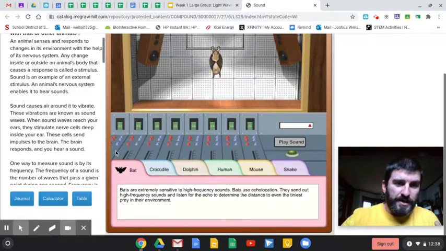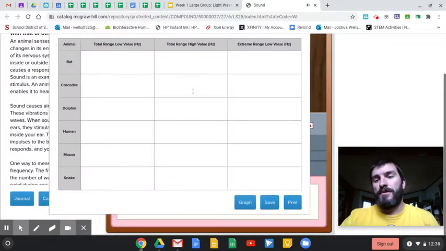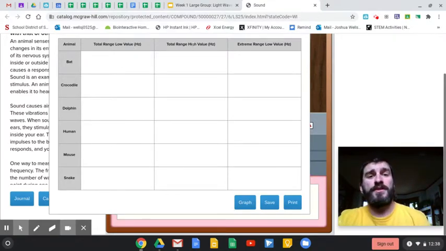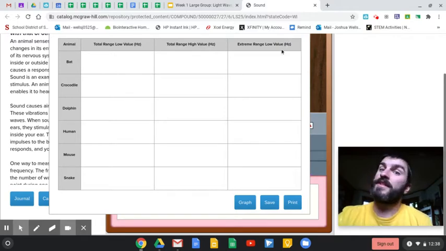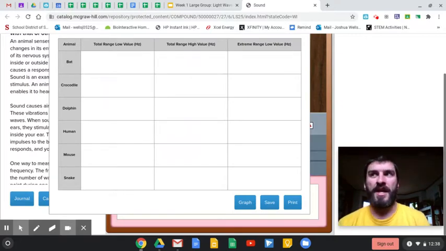There were 3 data points we needed to collect: the total range low value, the total range high value, and the extreme range low value. The extreme range low value is the point where you get the greatest reaction, or the greatest response, out of the animal.